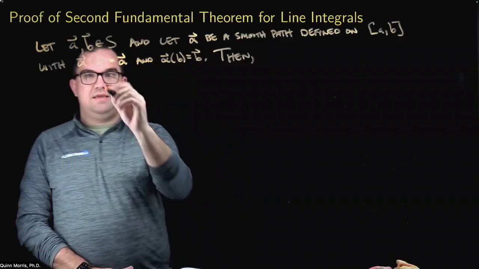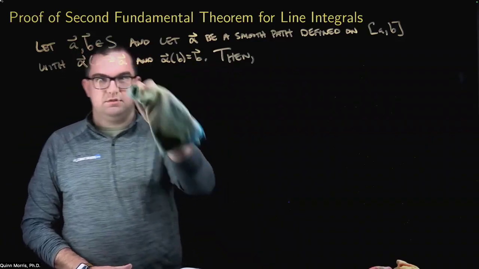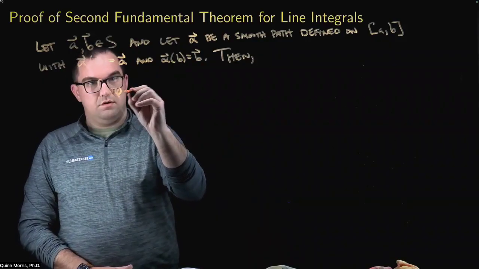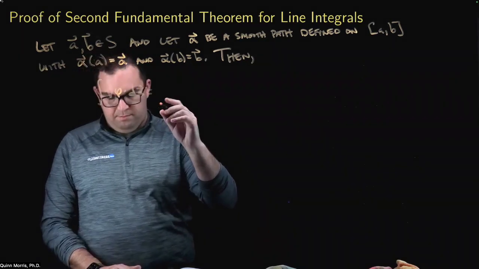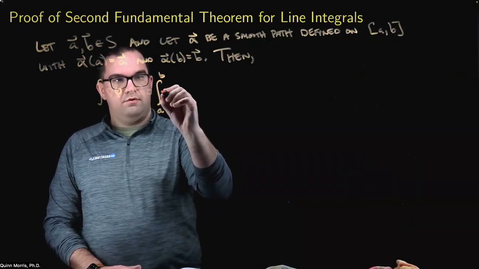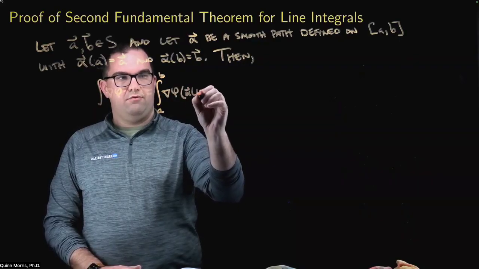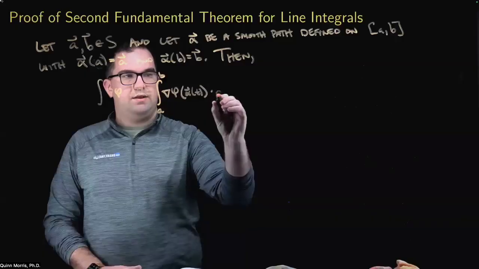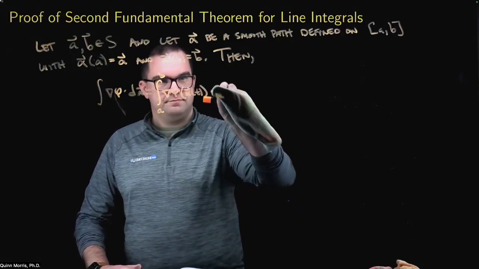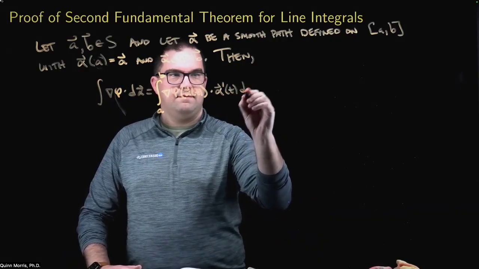if I look at the integral of the gradient of psi d alpha, well, by definition, that's going to be the integral from a to b of the gradient of psi evaluated at alpha of t, dotted with alpha prime of t, dt.